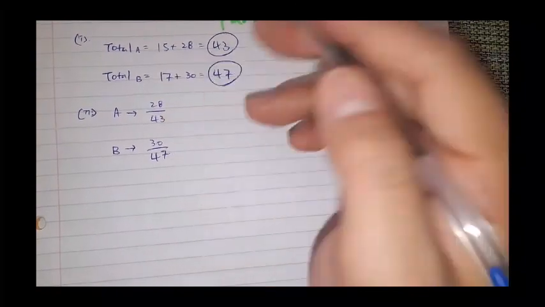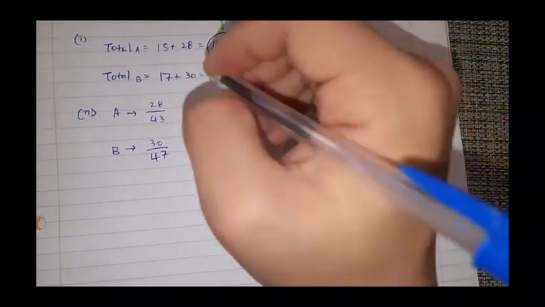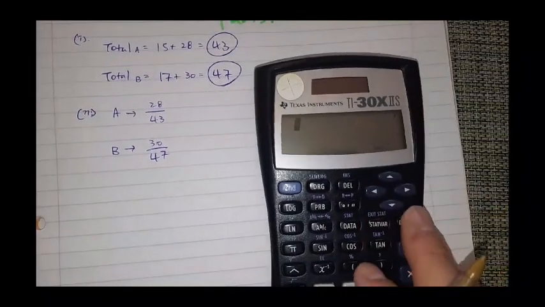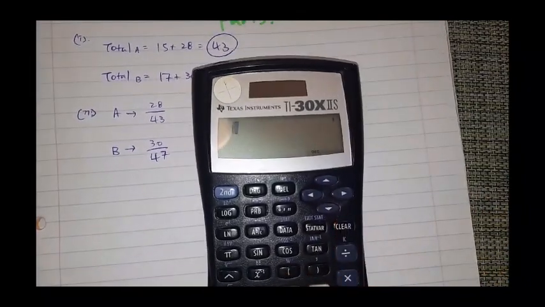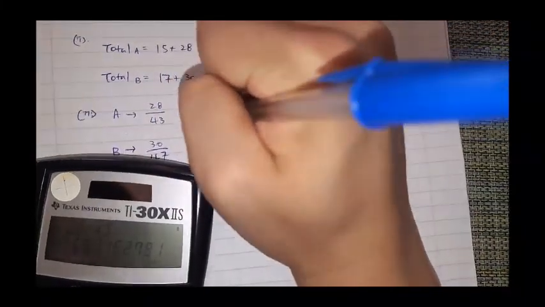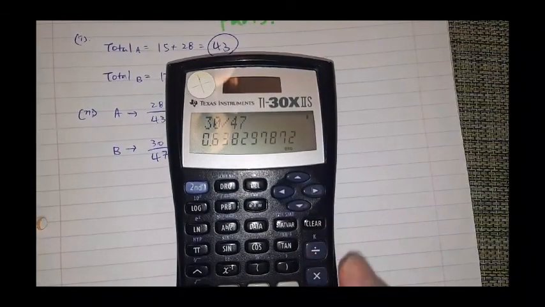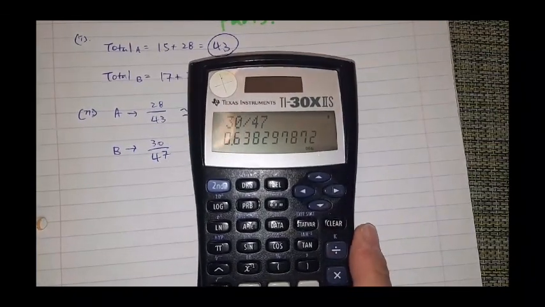There's nothing that we can simplify or multiply to get our good decimal. Then this is where the calculator comes in, because instead of 28 over 43, you can just do 28 divided by 43. That gives me 0.651. I round it up. 30 over 47, 0.638.